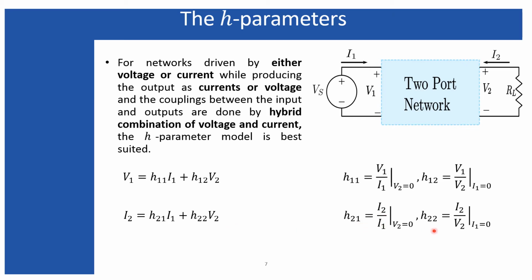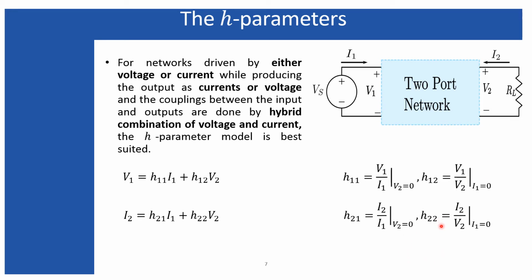H22 is equal to the ratio of I2 to V2 when I1 is equal to 0. So this is basically an admittance, because it is the ratio of current and voltage, and that current and that voltage are associated with the second terminal or the output terminal.